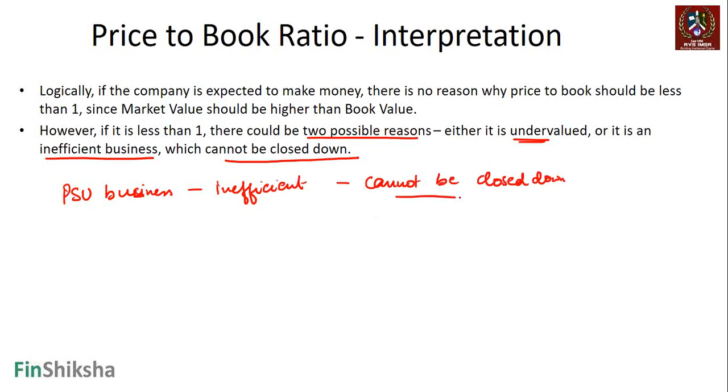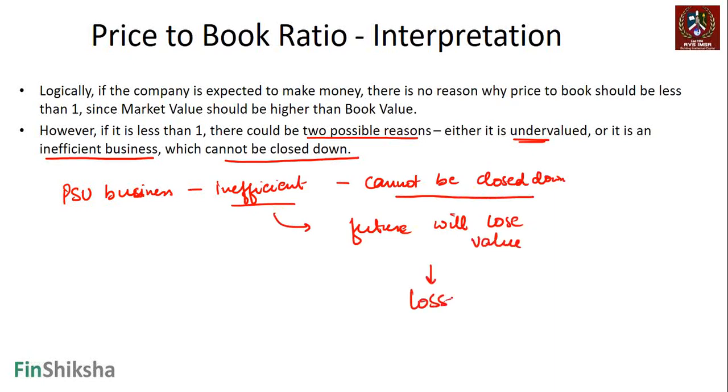So if you cannot close it down and you cannot acquire it, then practically the inefficiency will persist, which will mean that the future will lose value, right? Which will mean there will be losses, which will mean reserves and surplus will go down because of the losses, which will mean book value will go down.